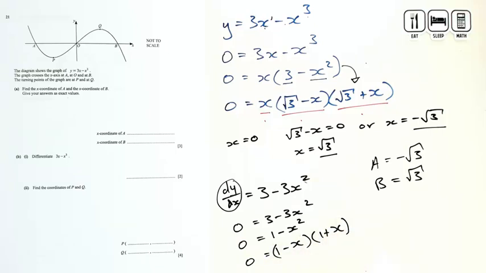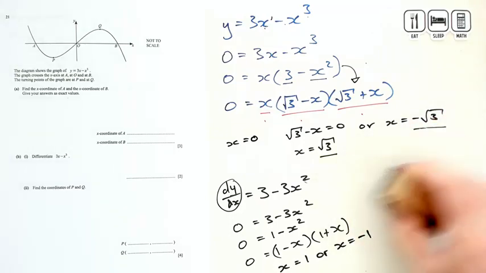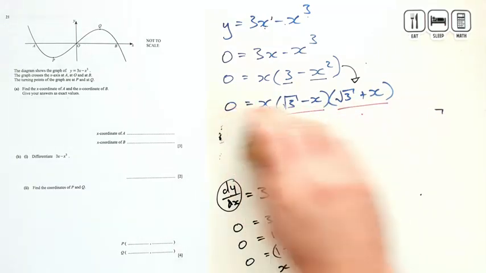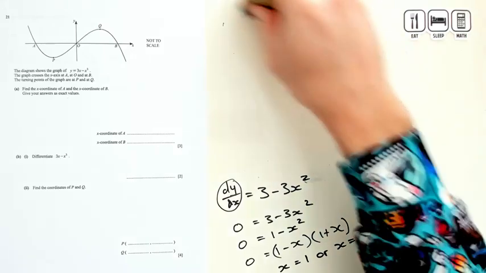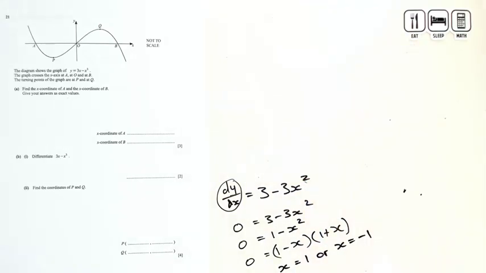Kind of running out of space here, but x is going to be, in this case, 1, or x is going to be negative 1. I'm just going to remove some of this. Okay, so I have x is 1 and negative 1.